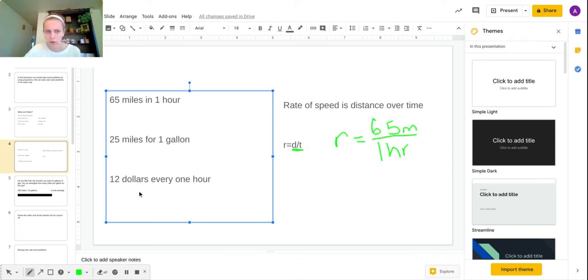I broke those down into some more words. You can read them. Oh, good, I'm still drawing. Pointer, clicker. Here we go.